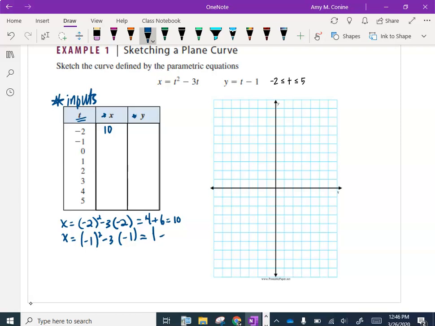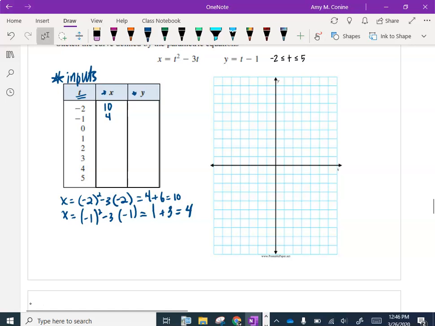So we have 1 plus 3, and you get 4. It wouldn't be class if I didn't make little mistakes like that, huh?